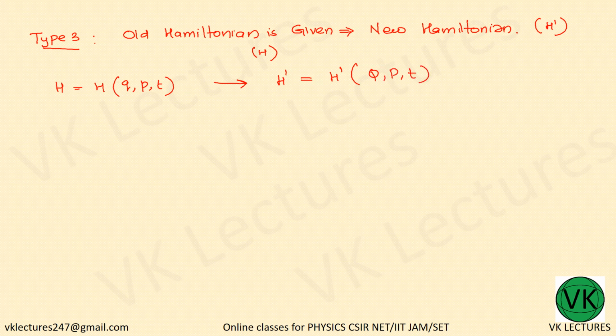Now some simple example, and what is the formula that we need to use? H dash minus H is equal to dou F by dou t.